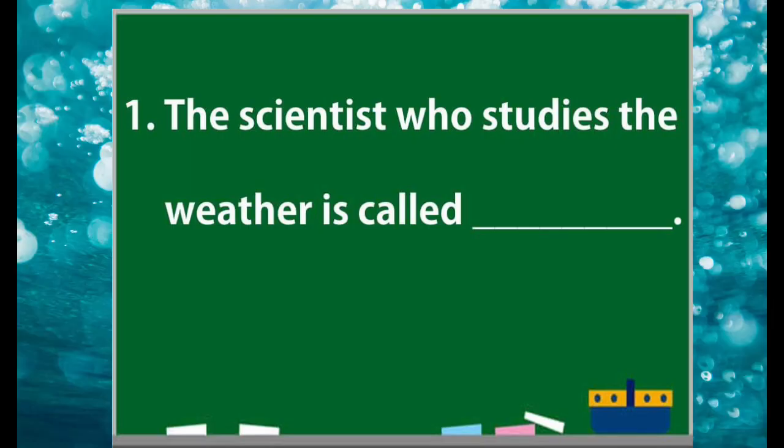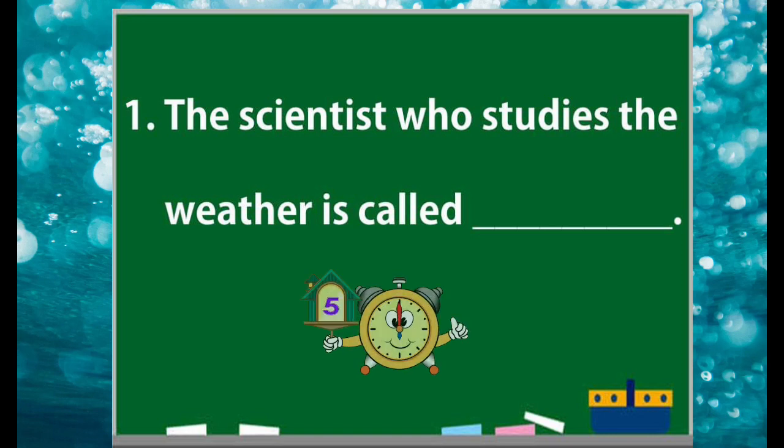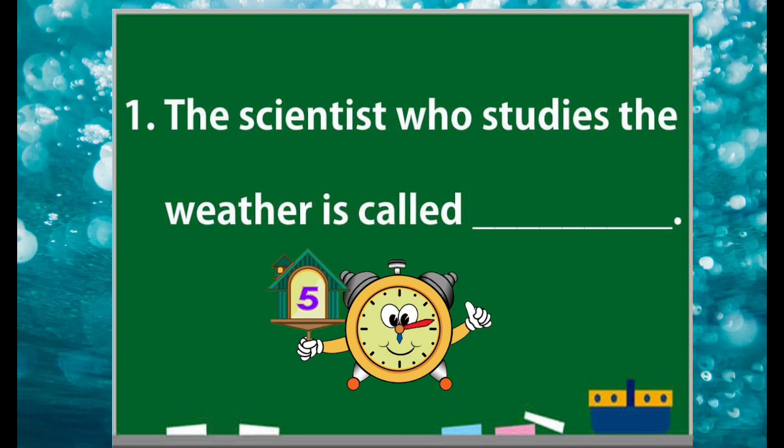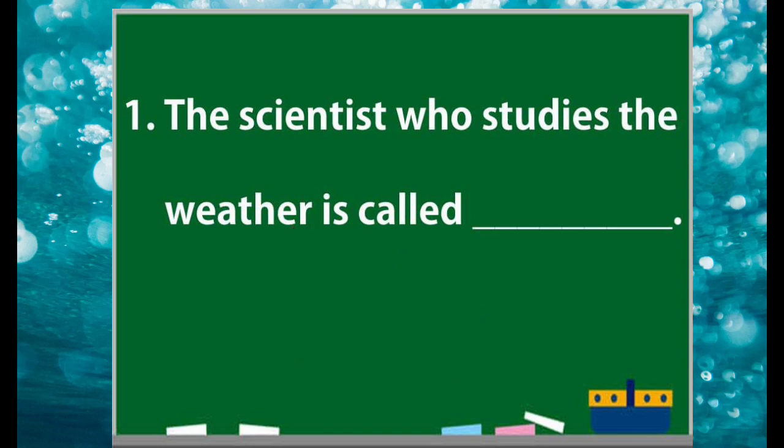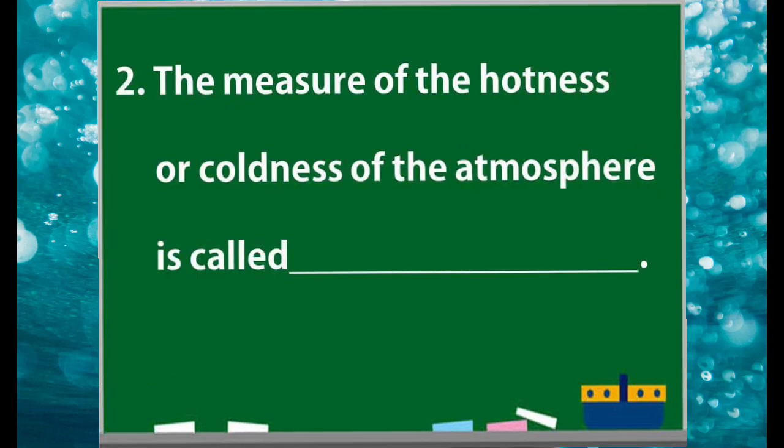Number 1. The scientist who studies the weather is called blank. Timer starts now. Time is up. What is your answer? The correct answer is meteorologist. Good job! Number 2.